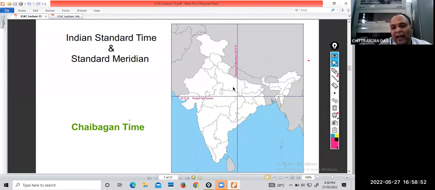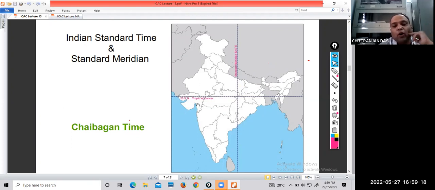As you can see, it passes through Uttar Pradesh, Madhya Pradesh, Chhattisgarh, Odisha and Andhra Pradesh. Again, I repeat: Uttar Pradesh, Madhya Pradesh, Chhattisgarh, Odisha and Andhra Pradesh. I hope it is clear to everyone.